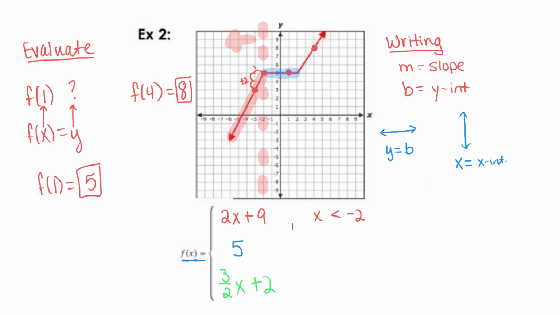And we're going to start off with it being just less than. And this is the part that's a little confusing. Because these are connected, we just have to make sure that -2 is only included in one of our lines. So it either needs to be included in this red line or in the blue line. So if I don't include it in the red line, meaning I'm not going to put an equal to, then I'm going to include it in the blue line.